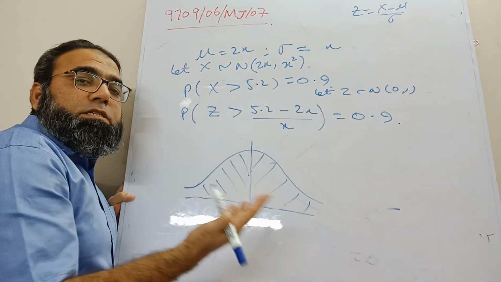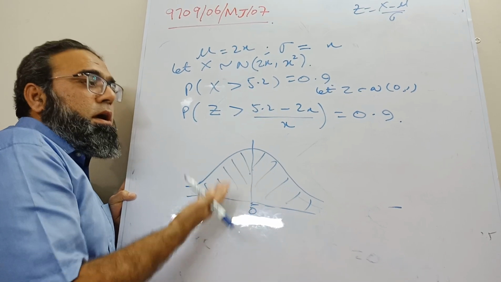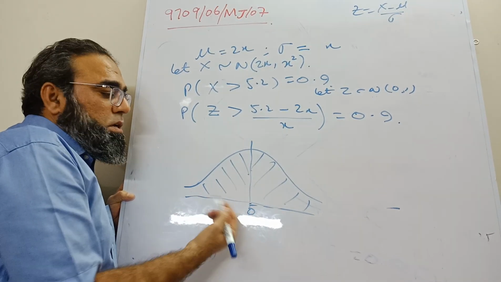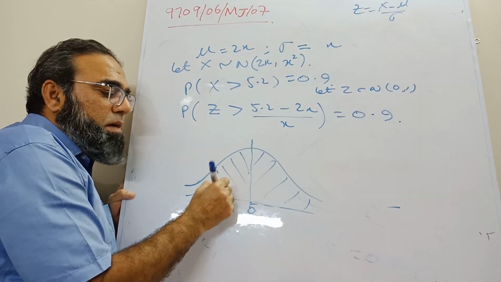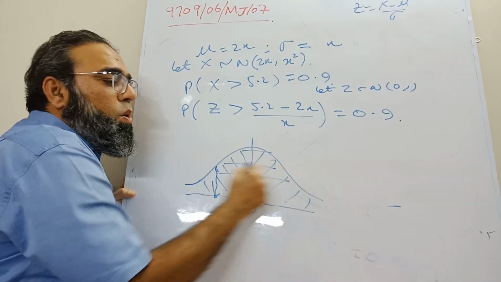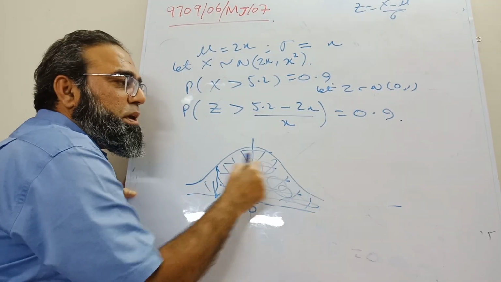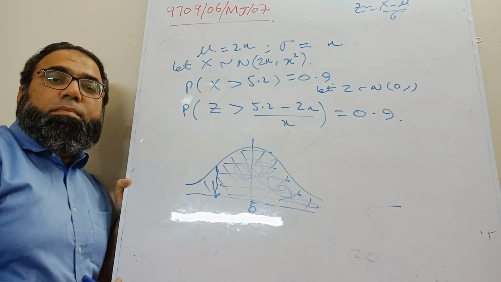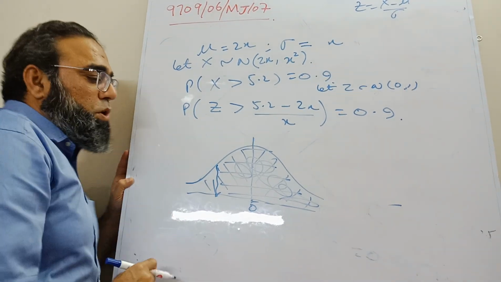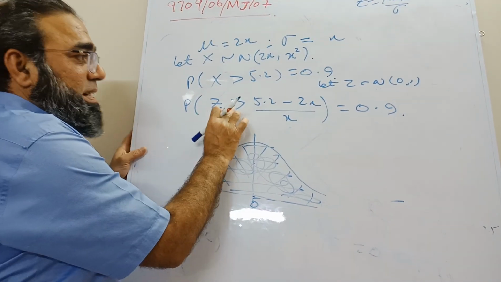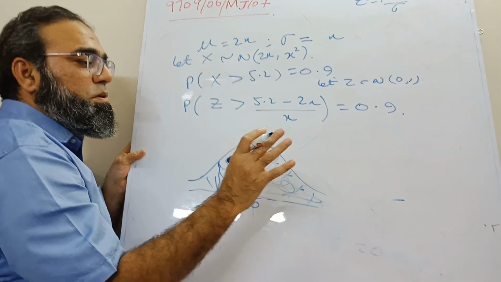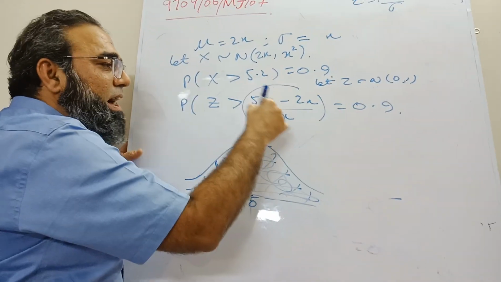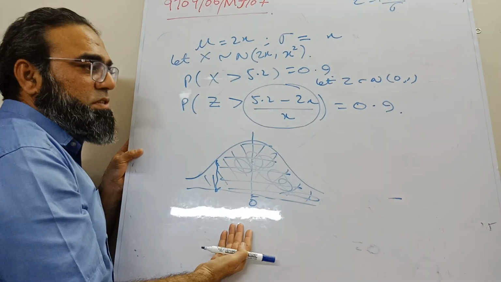Yes, what do you say? Okay, so it has to be somewhere over here. Only then all this area is going to be 0.9. So by seeing this, you should be able to determine if this value is basically negative or positive.